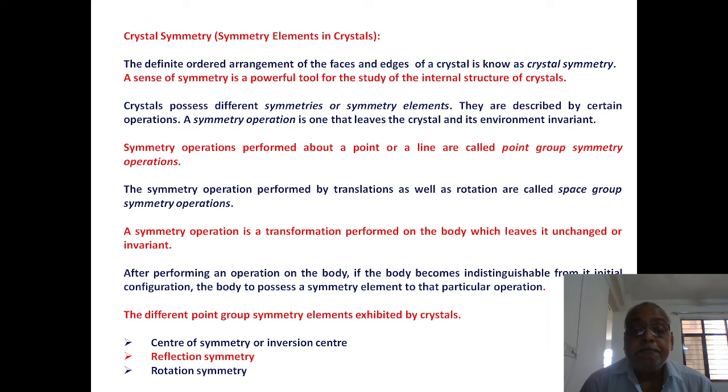A symmetry operation is a transformation performed on the body which leaves it unchanged and invariant. After performing an operation on the body, if the body becomes indistinguishable from its initial configuration, the body is said to possess a symmetry element for that particular operation.